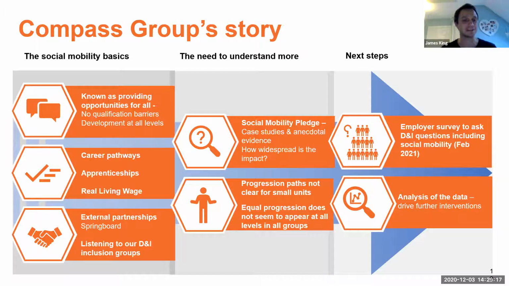And as you'd expect, a company of our size and scale has established D&I and inclusion groups, and we're always listening to our different groups and internal and external experts in terms of how we can progress the various agendas. So some strong foundations, I think, for us as a business.